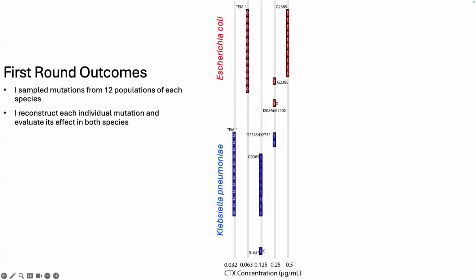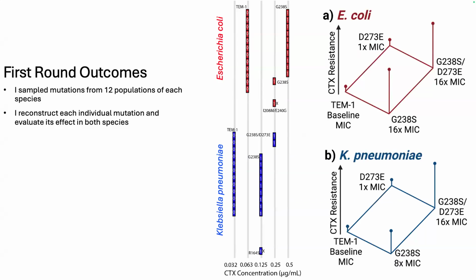To answer both of those questions, I reconstruct each mutation from the directed evolution experiment and evaluate its effect individually, as well as in the mutational background that occurred, and I do this in both species. To visualize this information, I'll plot these genotypes on what are known as simple fitness landscapes, or resistance landscapes in this case, because that's what's on the y-axis.